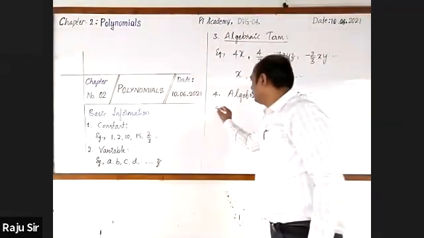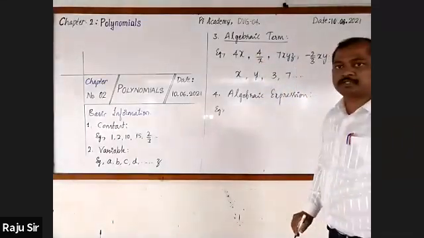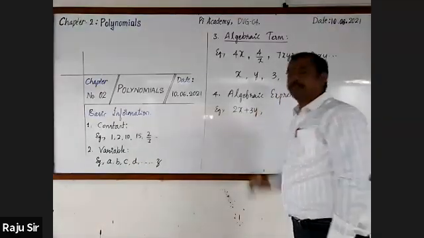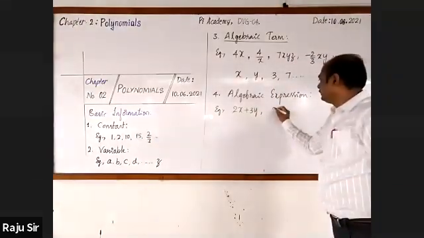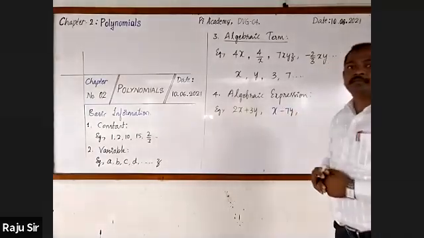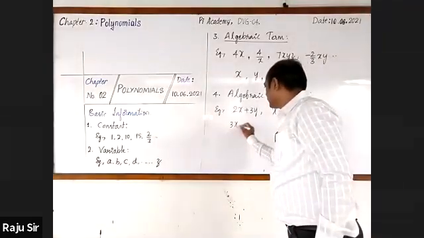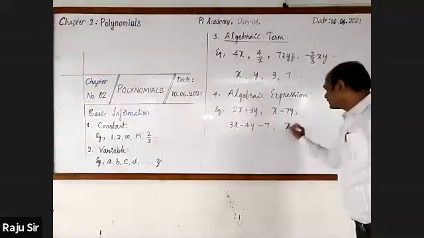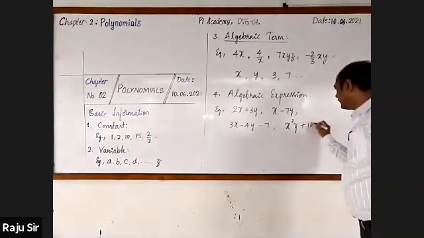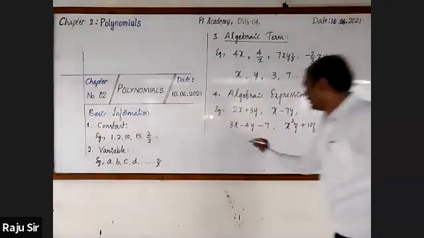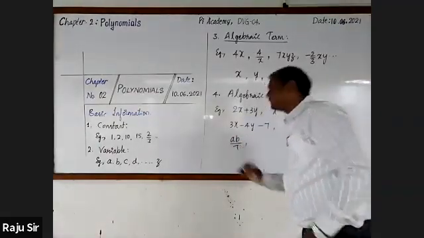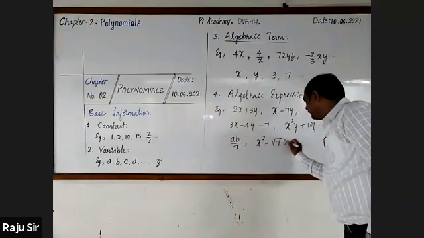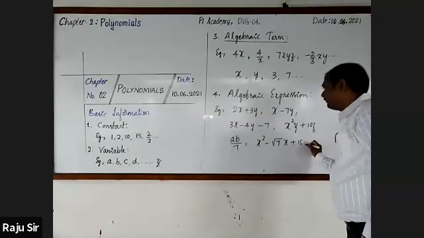Let me take a few examples of algebraic expressions. It is 2x plus 3y, x minus 7y, 3x minus 4y minus 7. Not only this, x square y plus 10z, a by b by 7, x square minus root 7 into x plus 15.